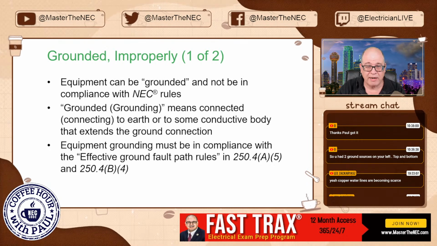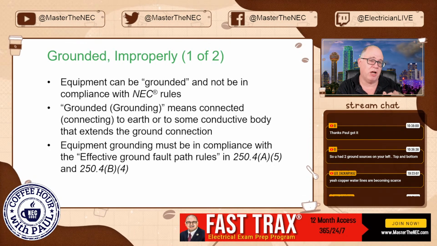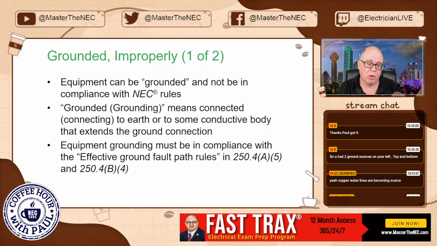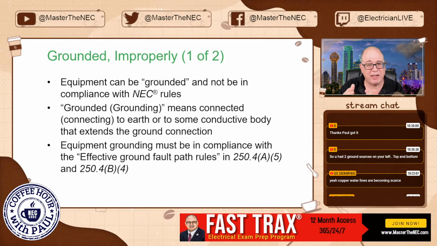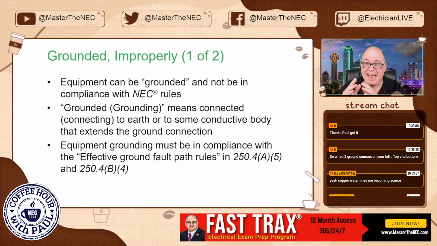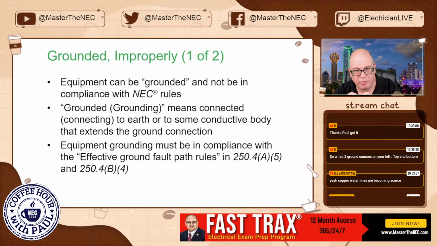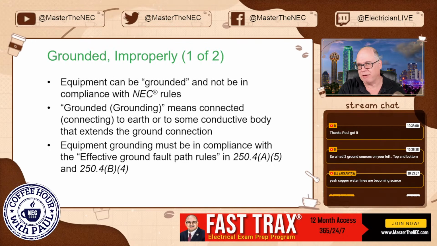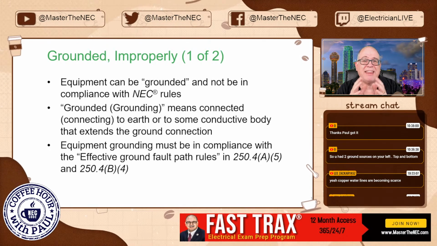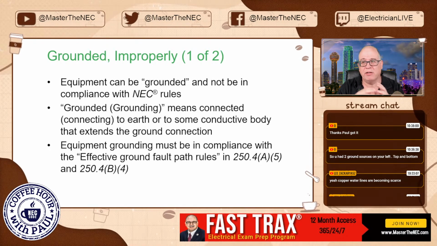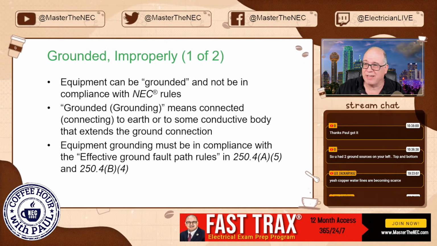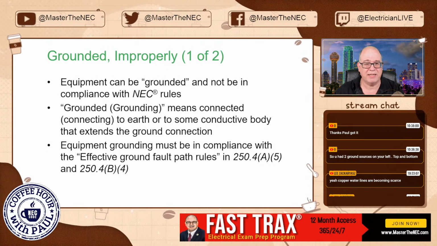It's unnecessary. So even if you didn't run an equipment ground to a light pole, some people will still say, but isn't it grounded? Yes, because it is connected to earth at the light pole, but it's improper because you're required to run an equipment grounding conductor with the circuit, and that's what's going to clear your overcurrent device. Driving a ground rod at a light pole is never going to clear an overcurrent device, ever.